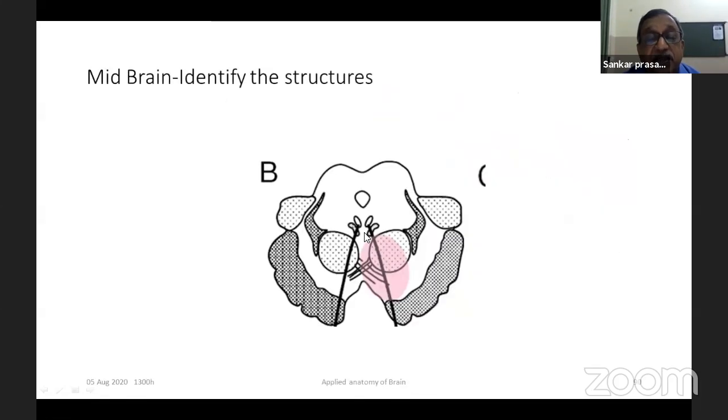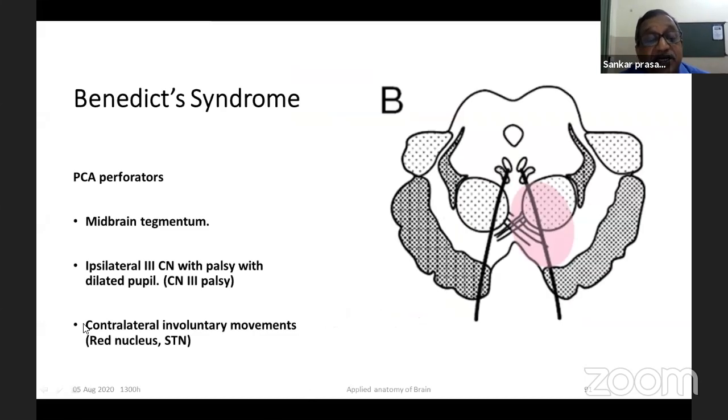Next, what are the structures involved here? We are still in the midbrain. If you can take this diagram mentally and remember things, you already identified the fascicles of the third nerve and also the CST. Third nerve, red nucleus. Excellent. So the midbrain has the tectum and the tegmentum. The tectum is the posterior part.